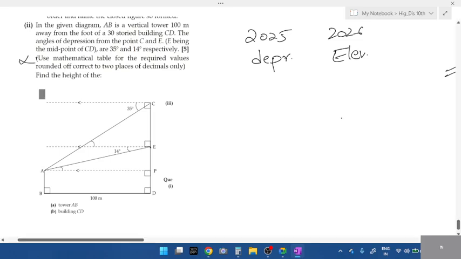Angle of depression, angle of elevation. Draw the diagram, draw it neatly. This dotted line is the depression question. Line of sight. We call it line of sight.